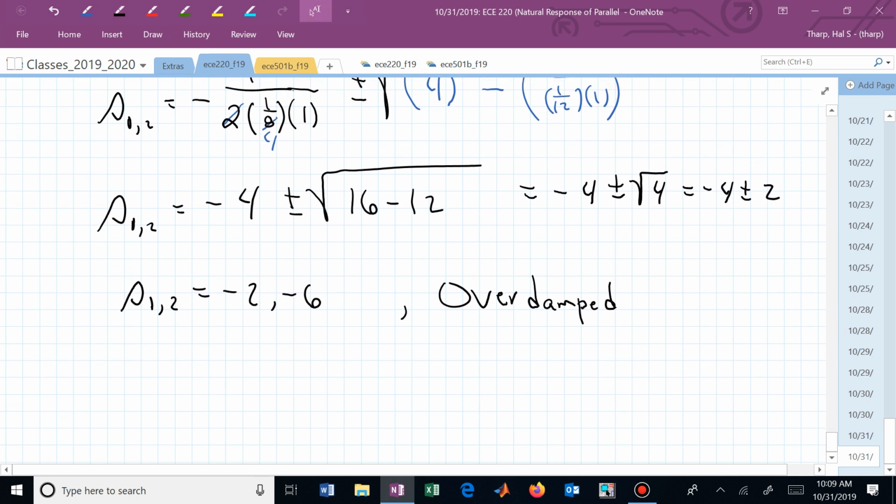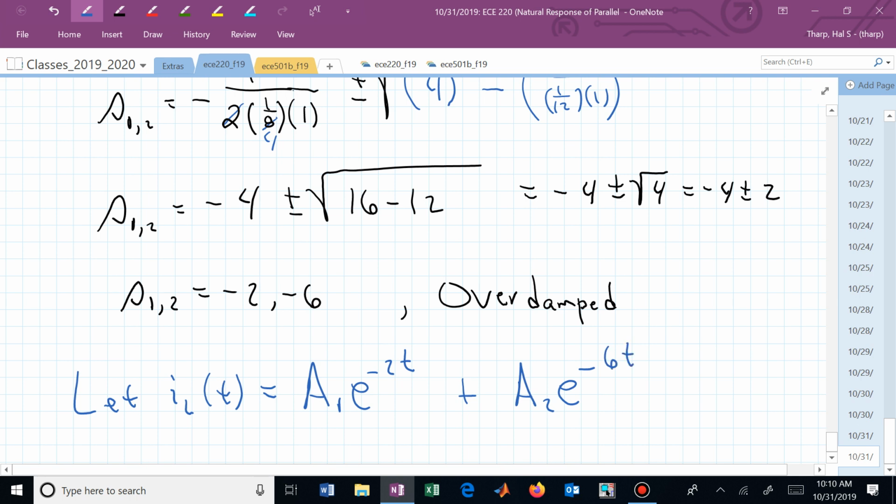Let's now assume a solution for I sub L of t. This is now going to be A1 times e to the s1, but we already know s1, that's minus 2, times t, plus a sub 2 e to the minus 6t.